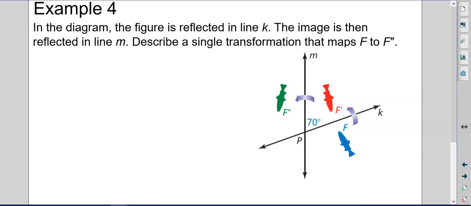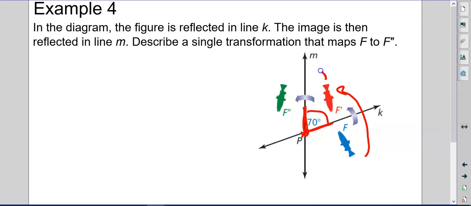So we have 2 intersecting lines, again, M and K, intersecting here at P. Now, what it's saying is this angle right here is 70 degrees. Now, the blue fish or ship or whatever that is reflects over K, and it gives you the red one.